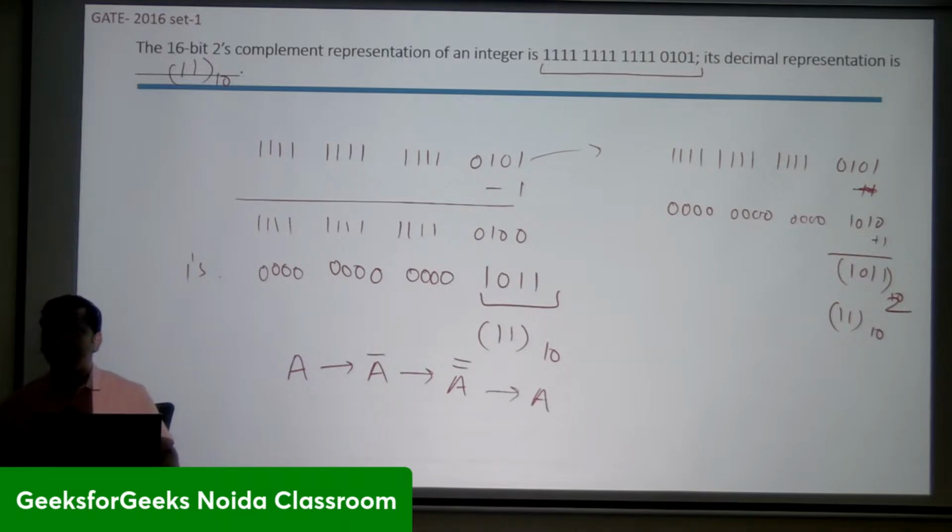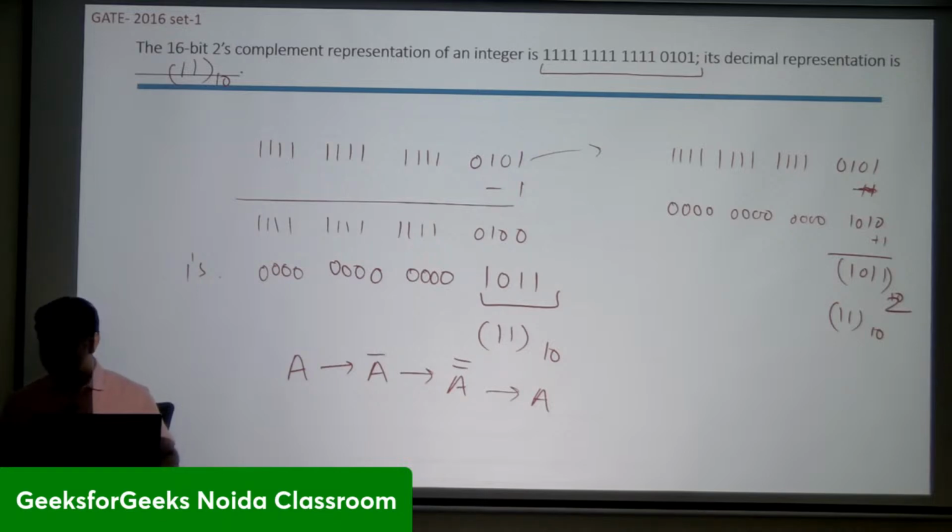That is the duality principle of the complement. So complement of complement will give you the same result. That is one identity under Boolean algebra.